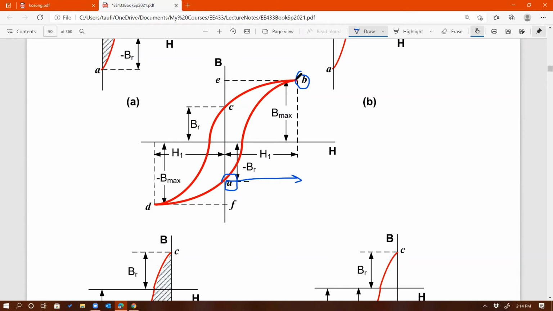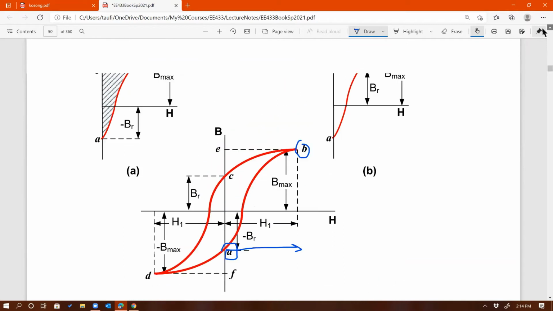You agree with that? Okay, and then from B to C, that's a portion where we discharge the inductor. So we release the energy back. Why? Because the current from B to C is decreasing.